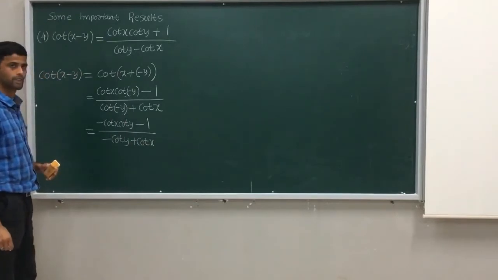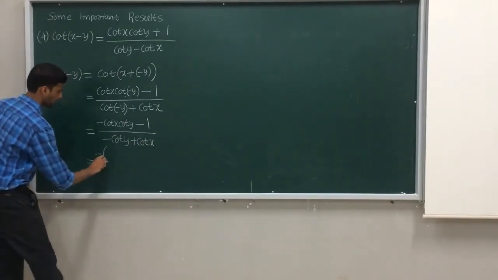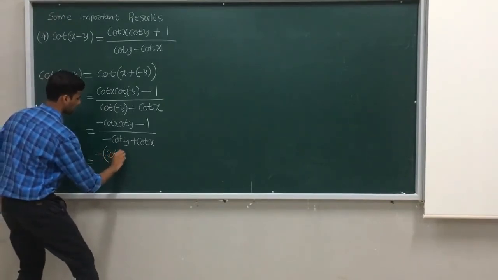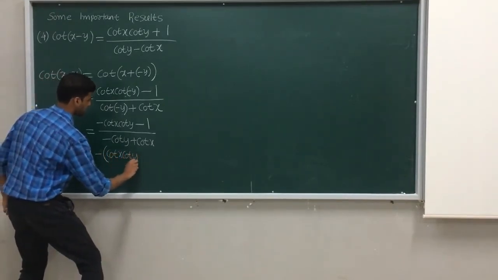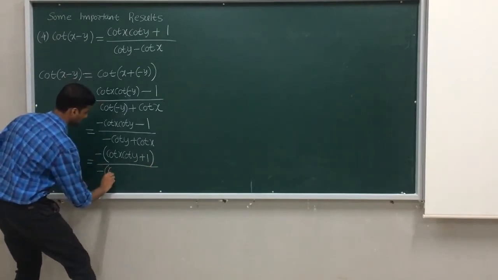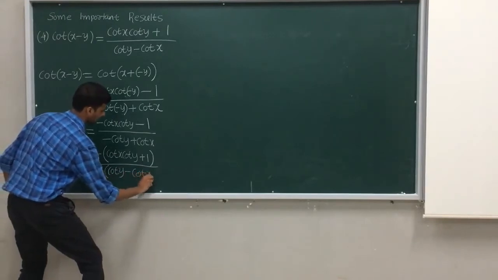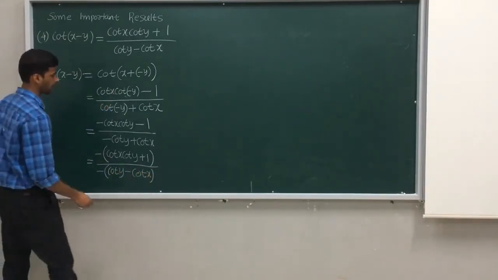Now, if you take minus common in the numerator, it gives you cot x cot y plus 1. If you take minus common in the denominator, it gives you cot y minus cot x. Both minus signs cancel.